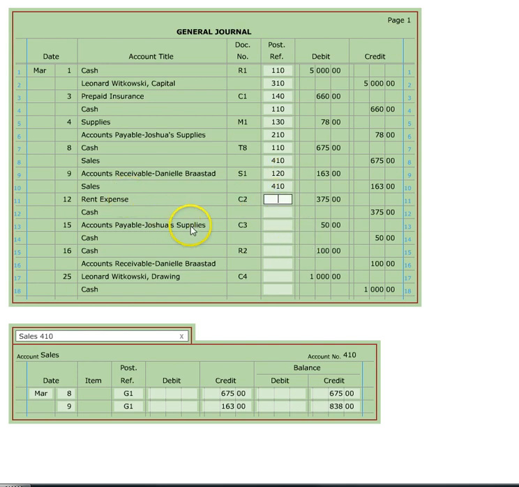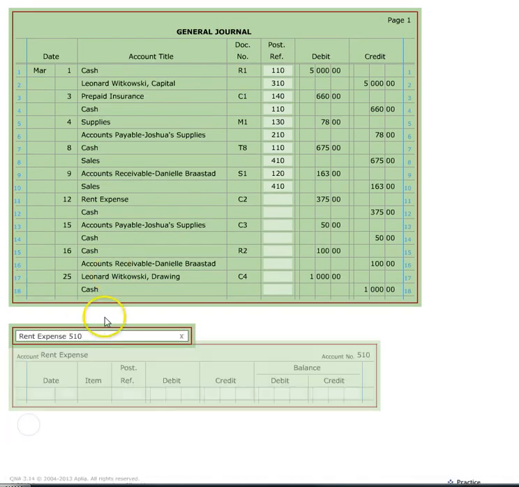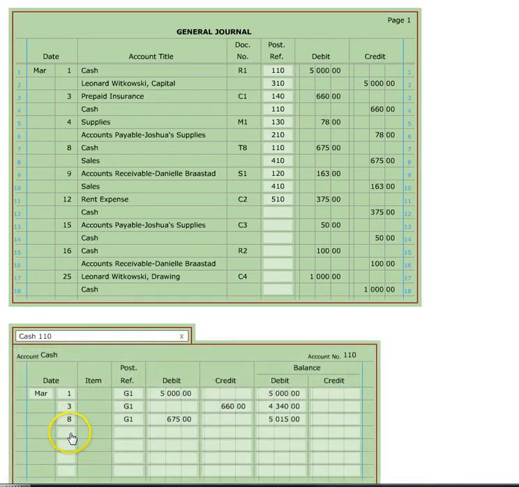Rent expense, 510. March the 12th. General Journal, page 1. It's $375. New debit balance of $375. You posted that to 510. Cash. 110.